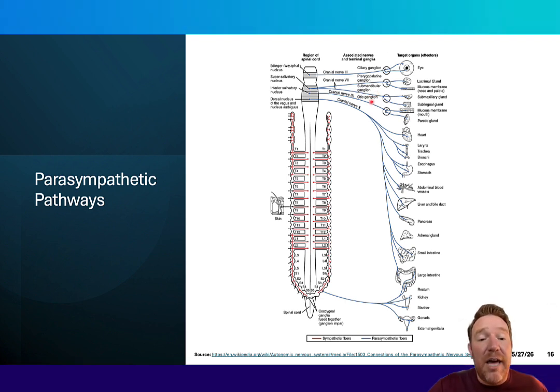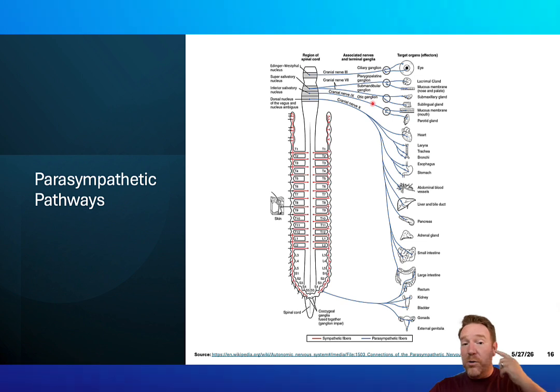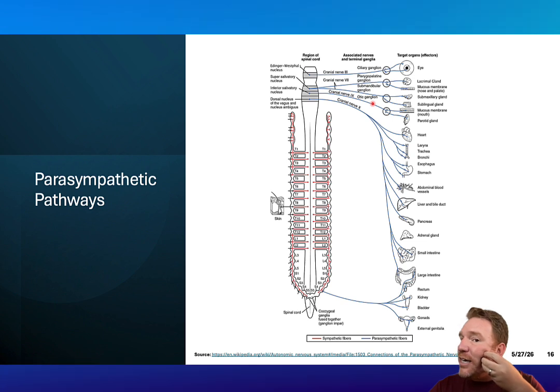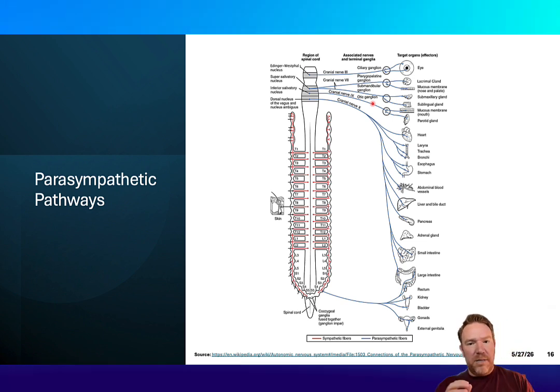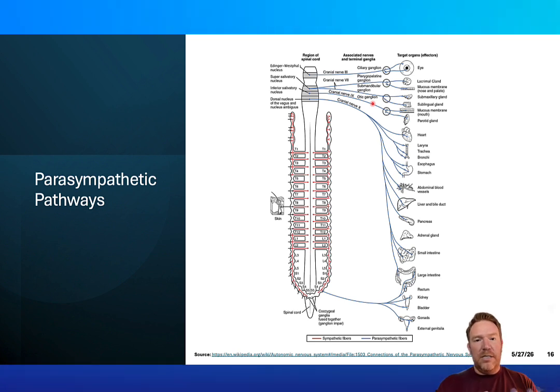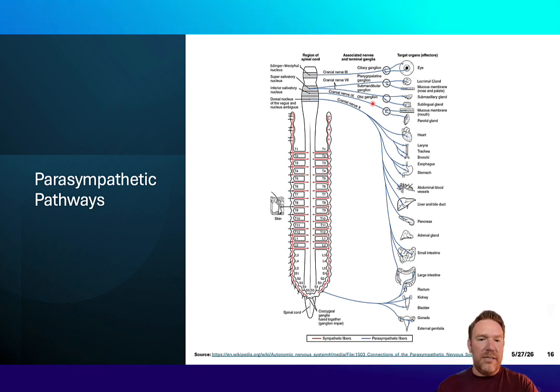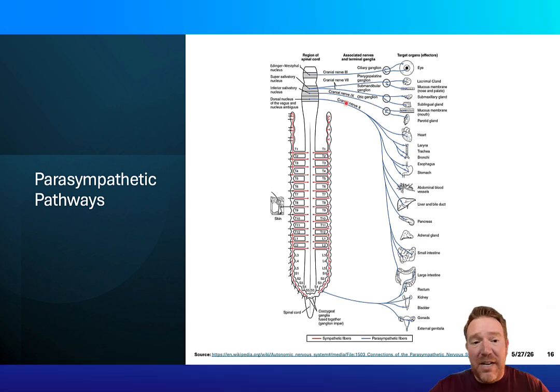And then finally, we have 9. Cranial nerve 9 goes to the otic ganglion near our ear here, and it's going to jump off and go through some different nerves and go to the parotid gland, our biggest salivary gland there. So remember, for parasympathetics of the head, we're going to call COPS 3977. COPS 3977.